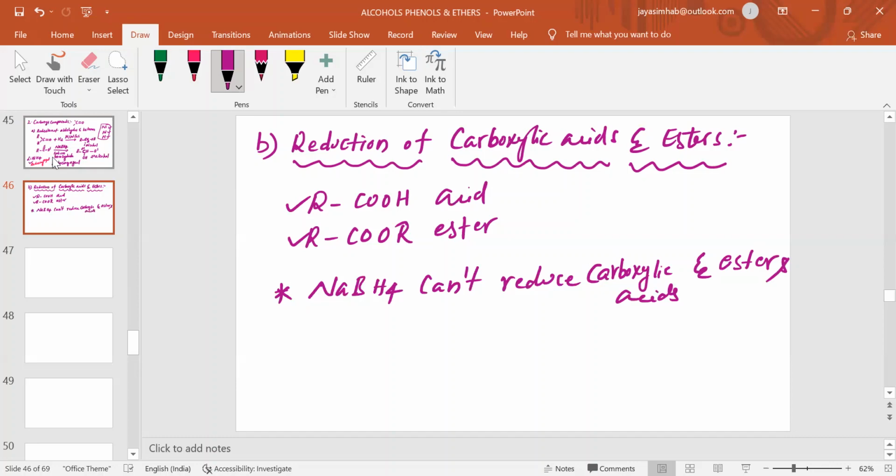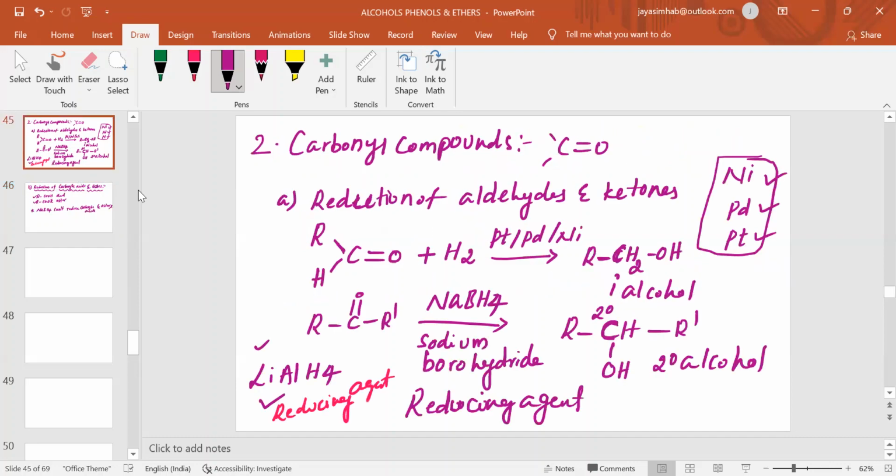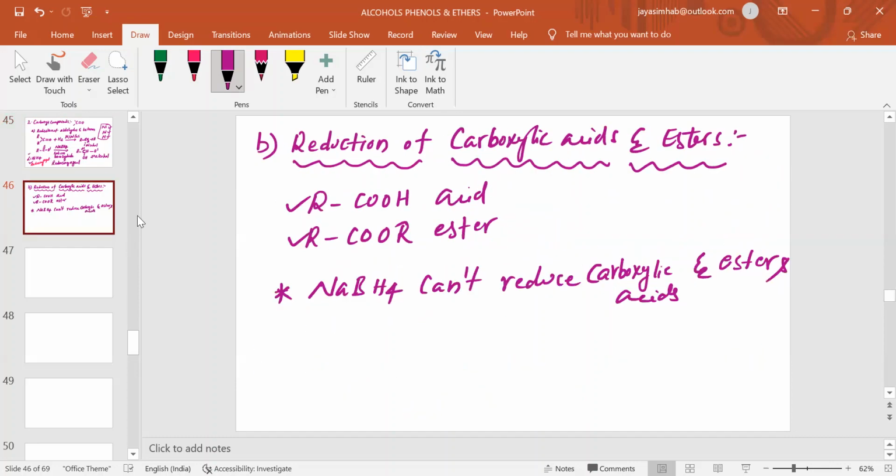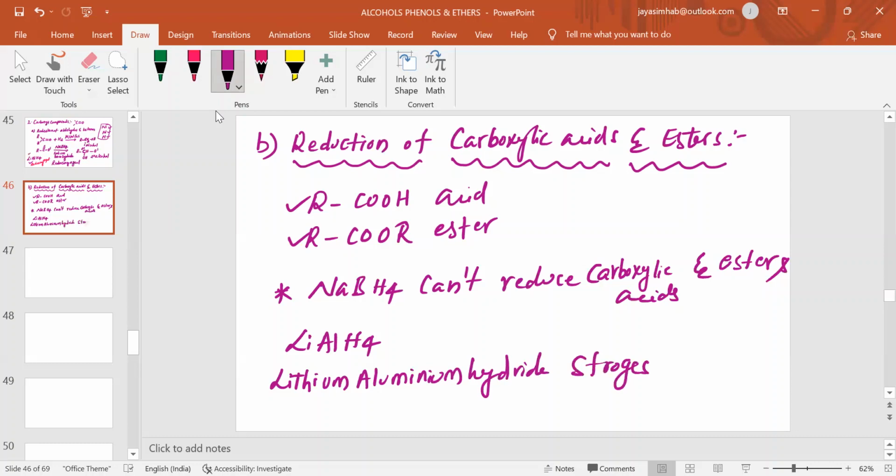So then we have another reducing agent which is called lithium aluminum hydride. So we'll use lithium aluminum hydride. This is the strongest reducing agent.